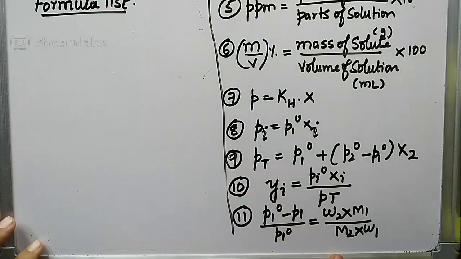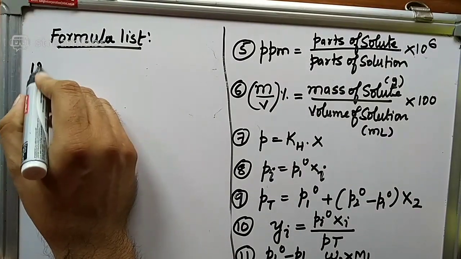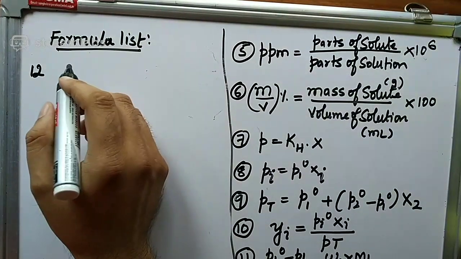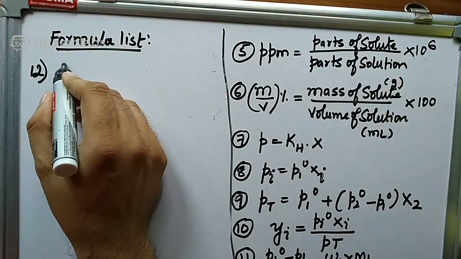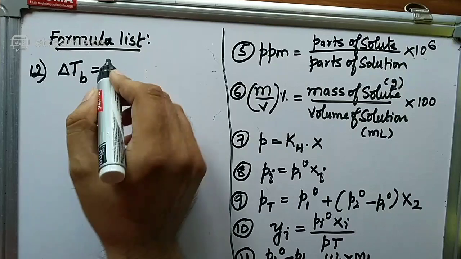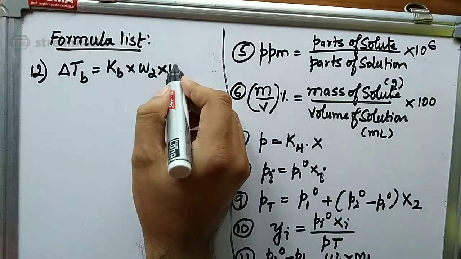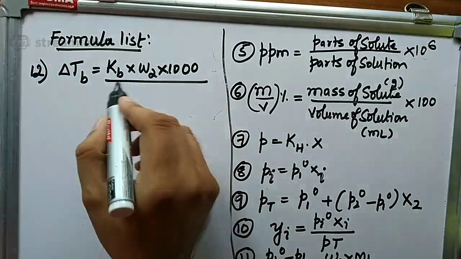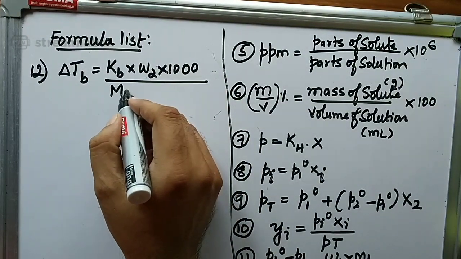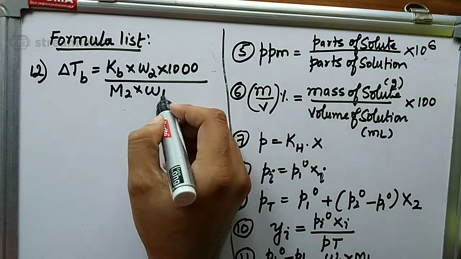12th formula that you have studied was delta TB is equal to KB into W2 into 1000 divided by M2 into W1.